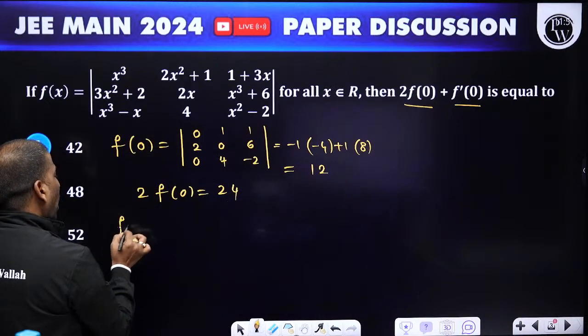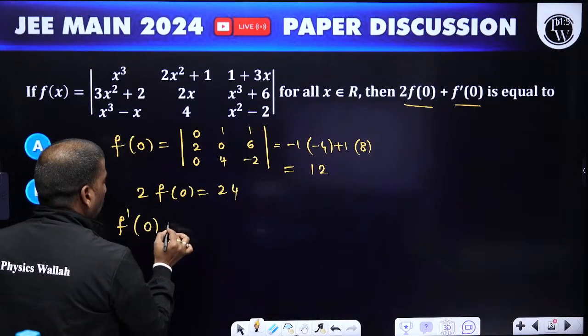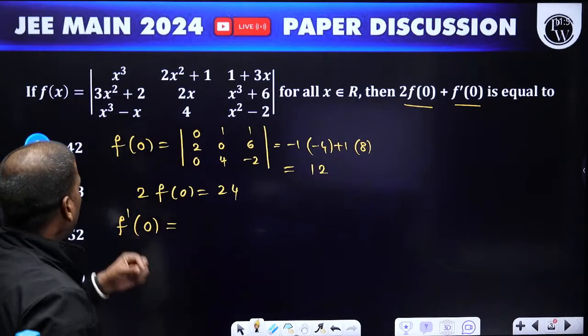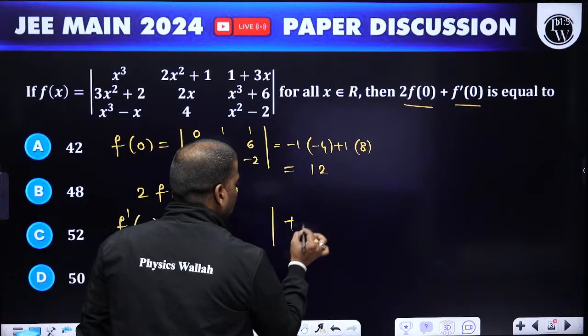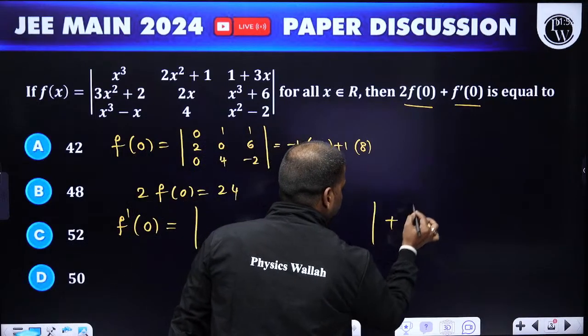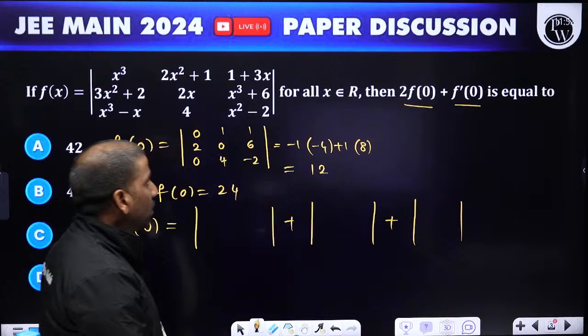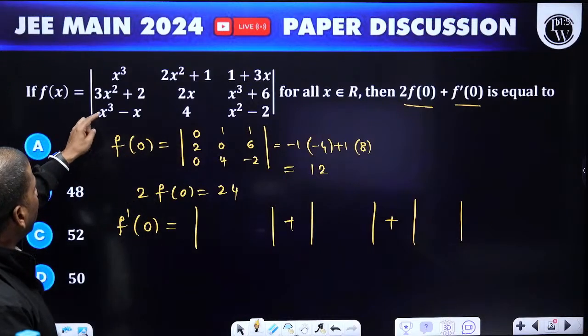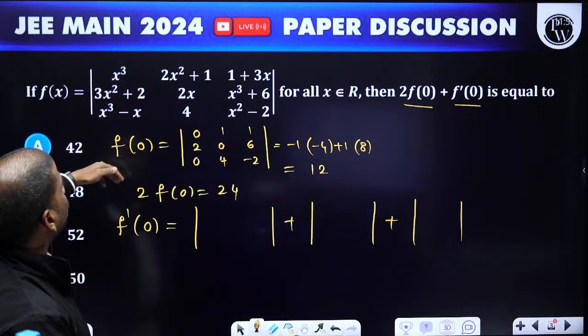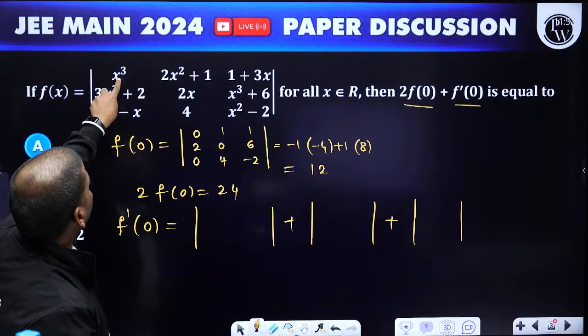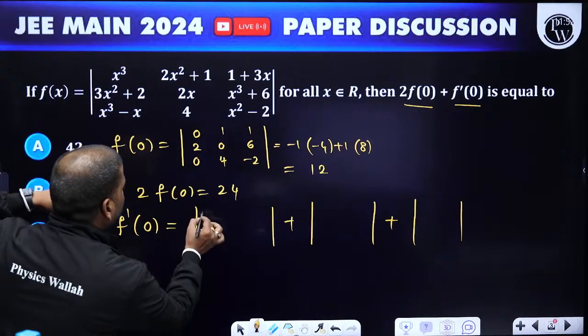Now coming to f dash of 0. So you observe f dash of 0, we will have 3 determinants, right? The first determinant after differentiating, we will put x is equal to 0. If you differentiate here, 3x square, we are putting 0, it will be 0.